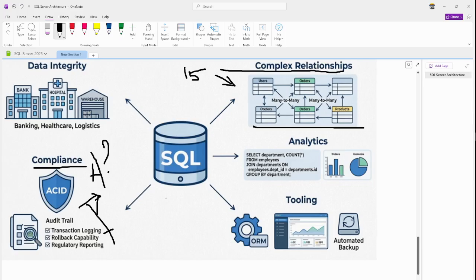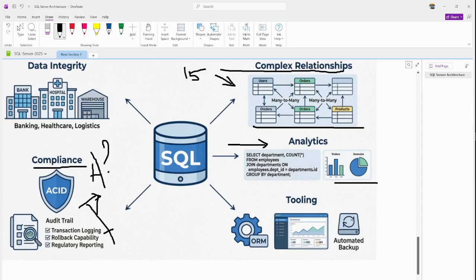And then we have something called analytics. It will provide you a powerful and standardized language for aggregating and analyzing the data. It is the gold standard for business intelligence. For example, a manager can run a simple query to calculate year-on-year revenue growth.